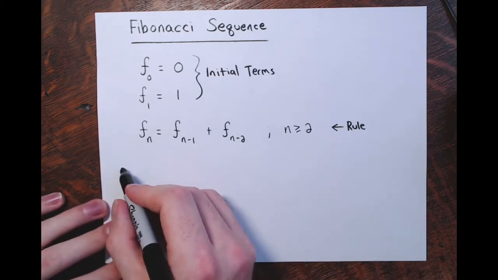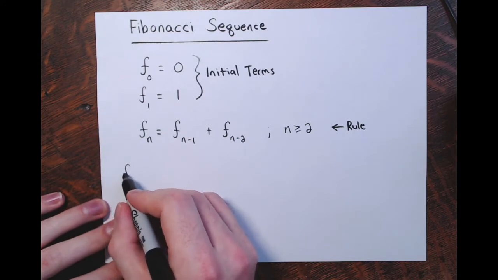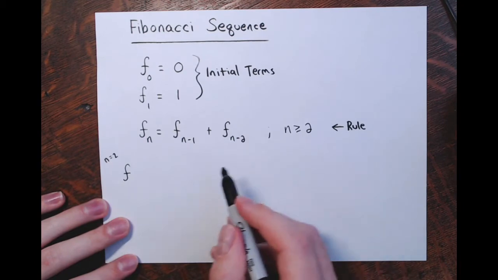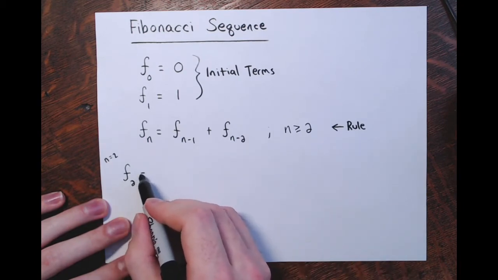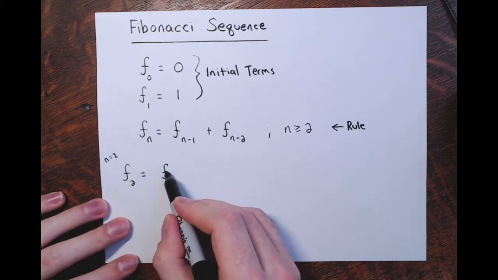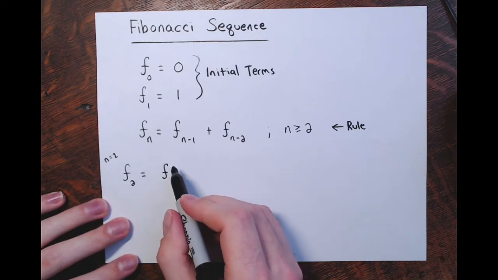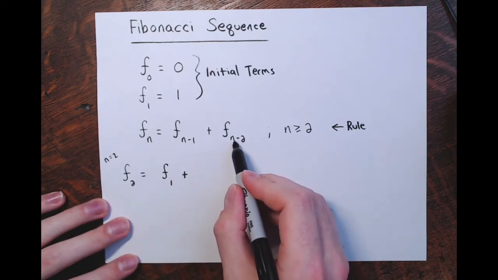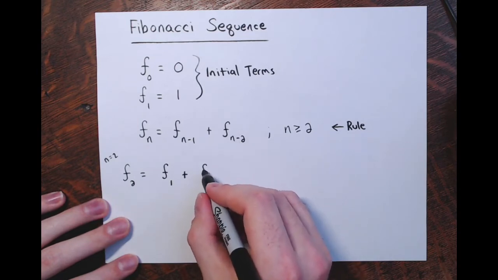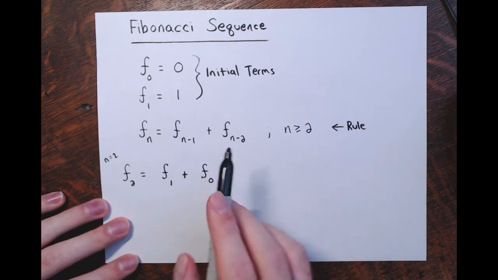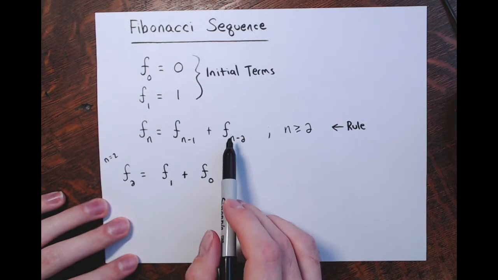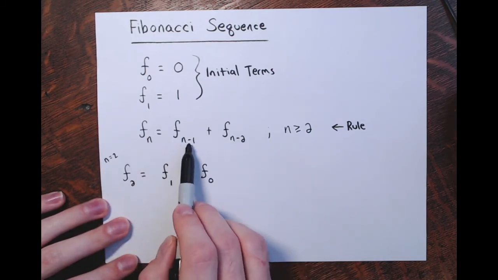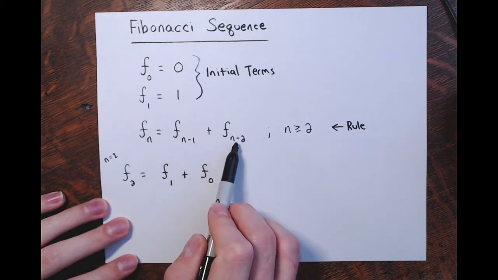So, when n equals 2, starting at the index of 2, f sub 2 would be equal to f sub 1, that's 2 minus 1, plus f sub 0, that's 2 minus 2. You just replace n with 2 everywhere. All this rule is stating is that every term is the previous term plus the term before that.